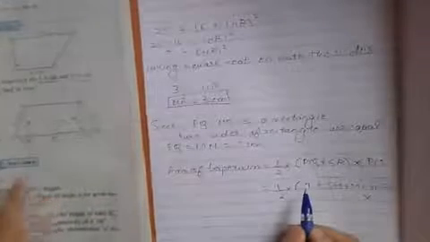Into height. What is the height? Okay, see, I am repeating the thing. It is half into PQ. PQ, what we have found from the diagram, everyone see from the diagram what PQ we have found. We have found 7, right? So I substitute PQ as 7.